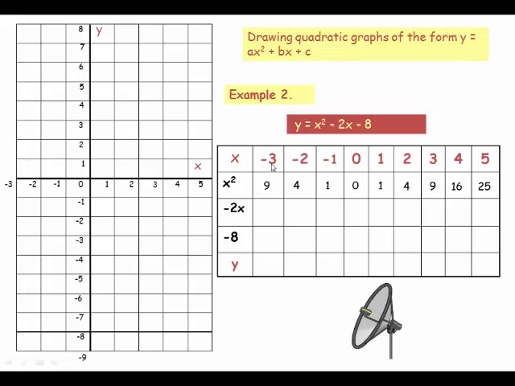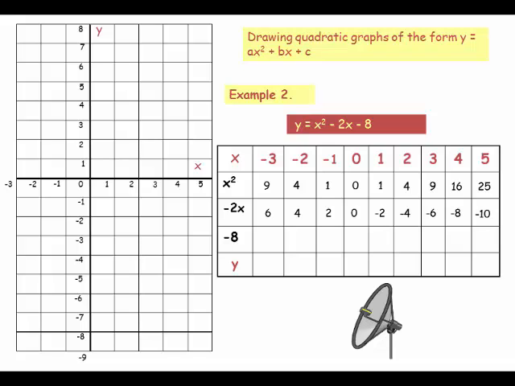So we've got -2 times -3 here, a negative times a negative is positive, so +6. And -2 times -2 is +4. Then +2, then -2 times 0 is 0, then -2, -4, -6, -8 and -10.